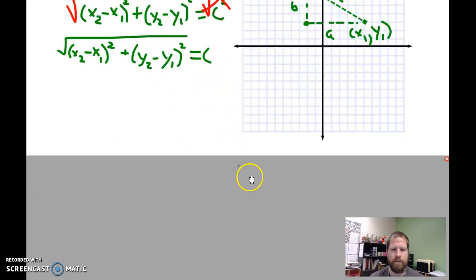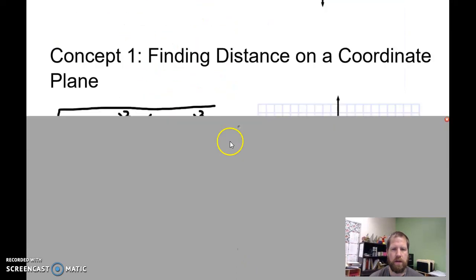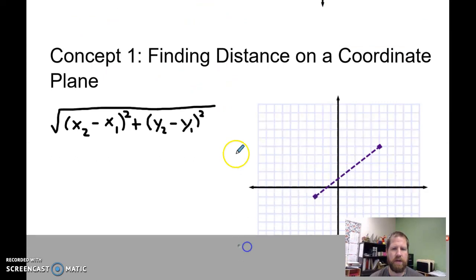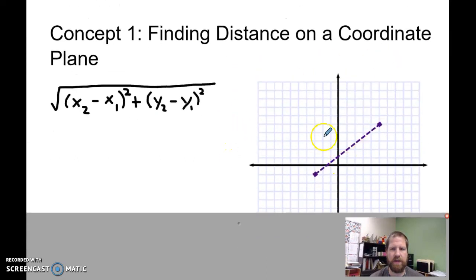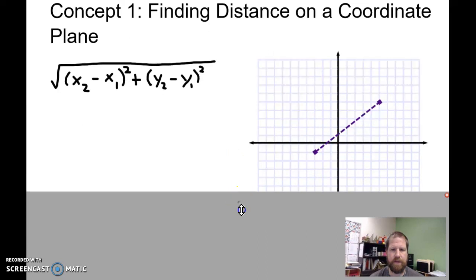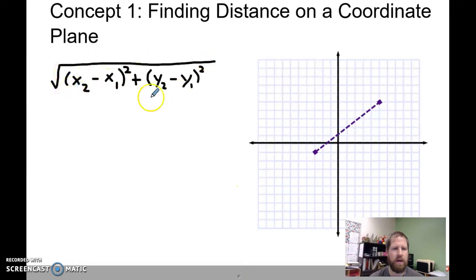Okay? All right. Let's look at a real problem. So our first concept is finding the distance on a coordinate plane. I've got my distance formula here. I've got my line, and I'm going to go through and count off to find my coordinates. So this is going to be my x value of -1, 2, 3, -3, and y value of -1.